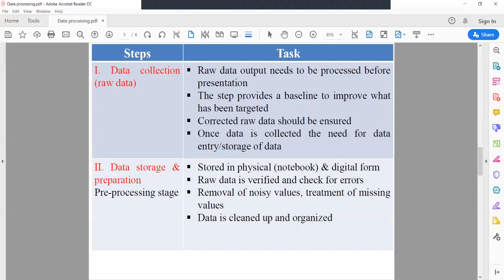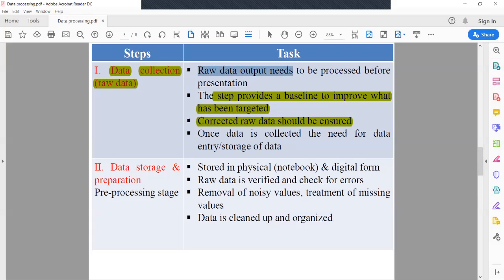The first step is the data collection step. Here, raw data is collected. Since this step provides a baseline to improve what has been targeted, always ensure that correct raw data is collected, and the raw data output needs to be processed before presentation.